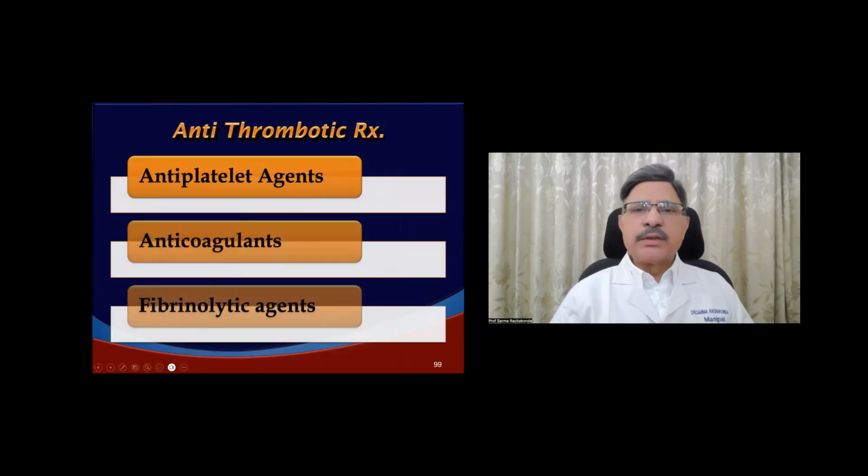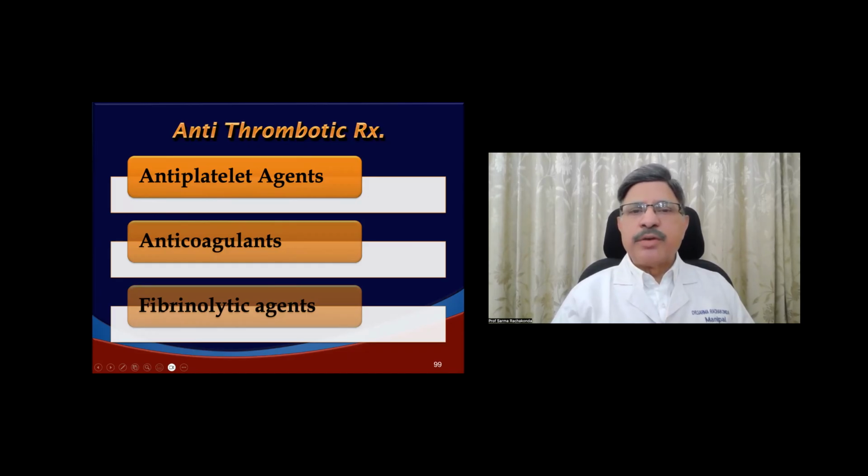What are the various antithrombotic agents I have got? Antiplatelets, anticoagulants, fibrinolytics. Antiplatelets prevent the formation of the clot. Anticoagulants prevent the formation of thrombus.